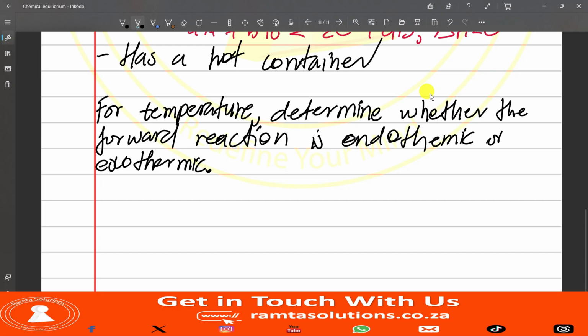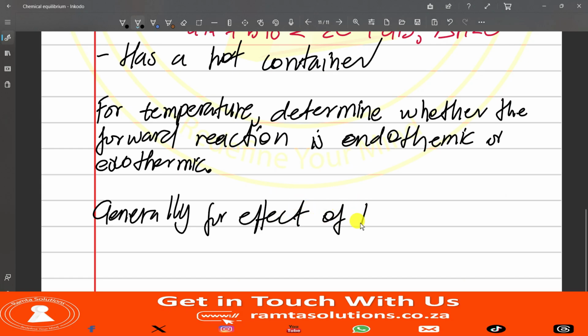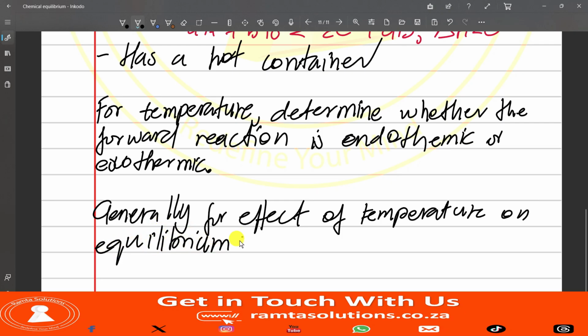Generally, for the effect of temperature on equilibrium, we note the following.